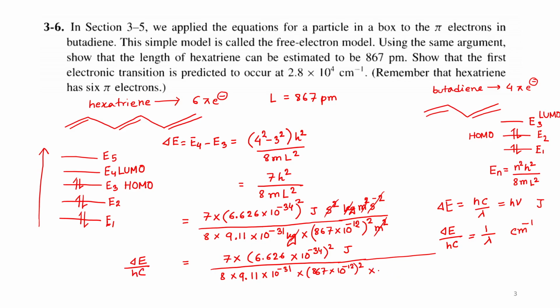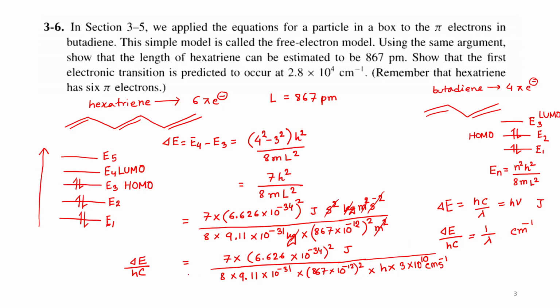I am not writing the value of h because you can see I am going to cancel one of the h in the denominator with the numerator. For c, I am writing 3 times 10 to the power 10 centimeter second minus 1. So I am writing it not in meters but in centimeters, so that I am going to get centimeter inverse.